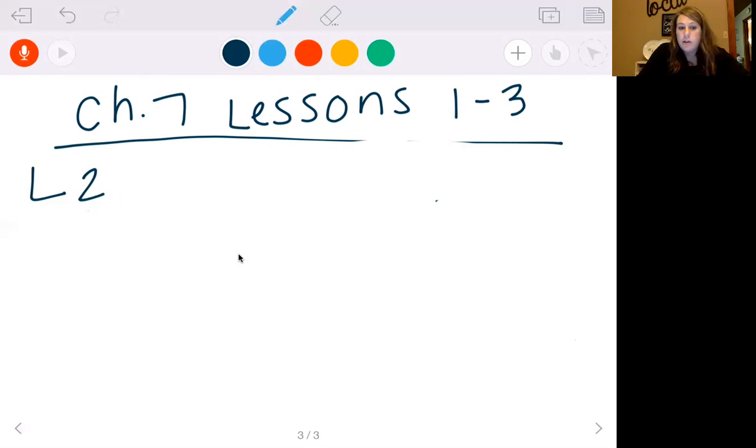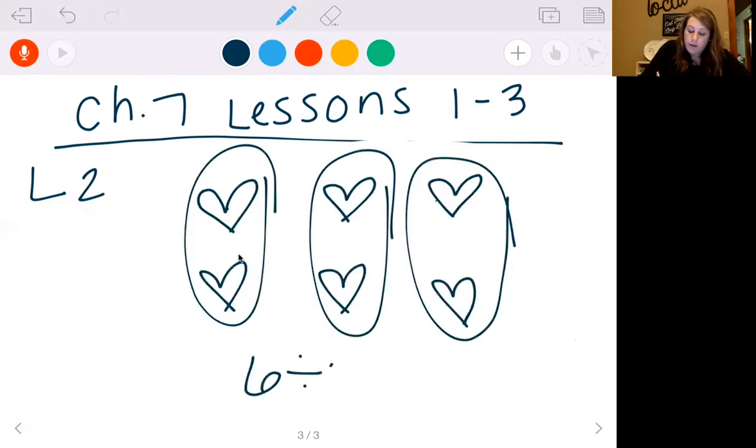So let's write a division equation for each model. So first, let's count how many hearts we have, just like we did before. 1, 2, 3, 4, 5, 6. We have 6 hearts. We divide it into 3 groups. So we have 2 hearts in each group.